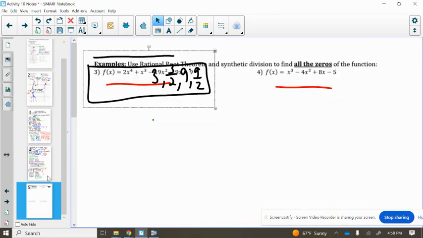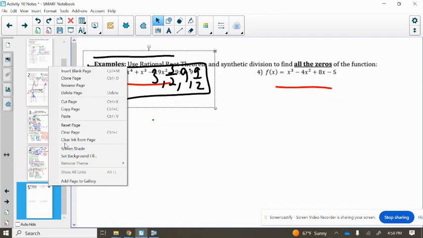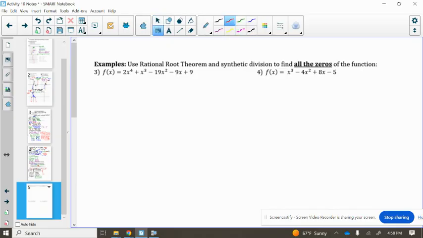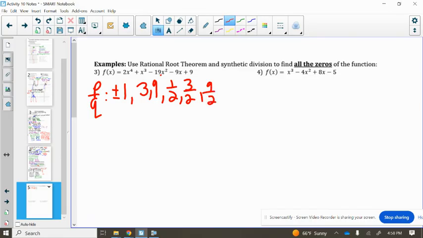If we do our p's over our q's, we had positive or negative 1, 3, 9, 1/2, 3/2, 9/2, right? And if we test out 1, which we found out works on the last page from testing, what we could do is put that 0 in the box, and then we take these leading coefficients from up above.